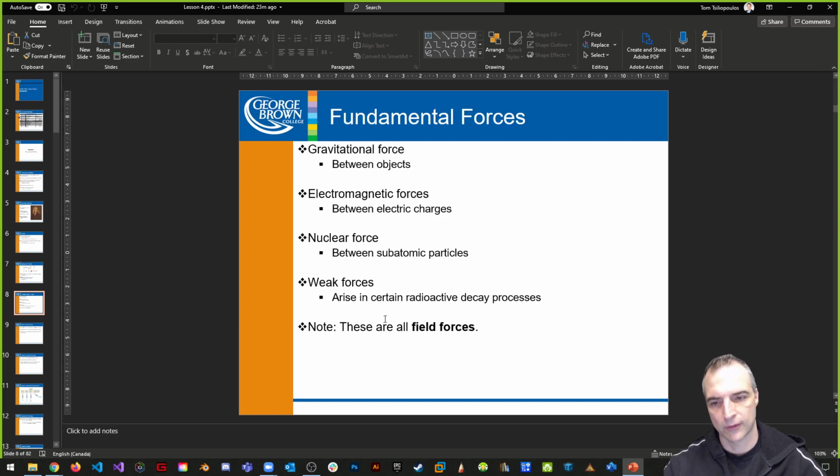Weak forces, so things like radioactive decay processes and all that kind of stuff, these are all examples of field forces. The main one we care about is gravitational force. And like I said last week, we really don't know still what gravity really is. We don't have a graviton particle. We just can feel the force. We can observe gravity, but we can't actually detect it in any way. Okay? So that's the important thing to note.